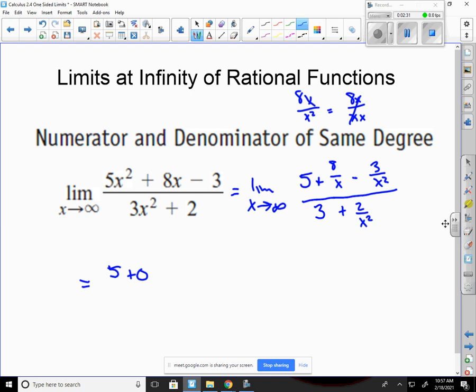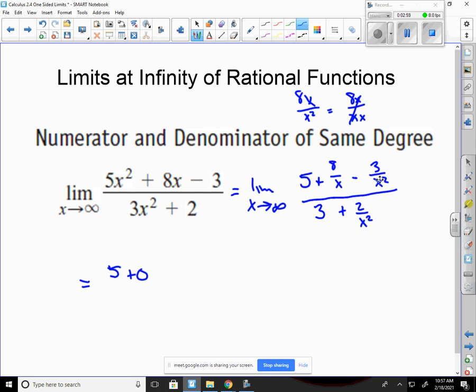But as I keep going further and further out towards infinity, 8 divided by 10,000 is going to be 0.0008. 8 divided by 100,000 is going to be even smaller. So it's going to get closer and closer to 0, and that's what our limit would be as x approaches infinity. Same thing for 3 over x squared.